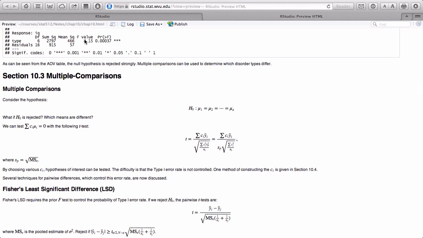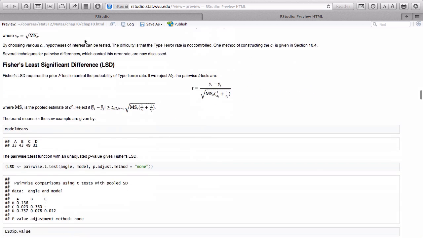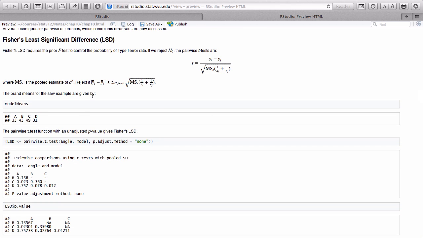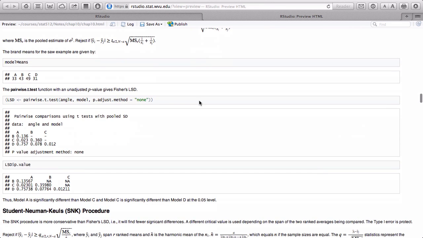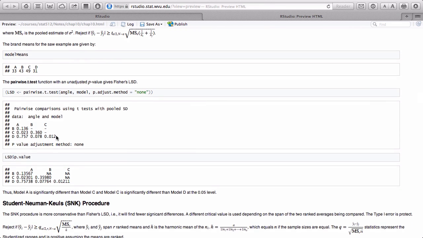When we talked about multiple comparison, the main thing the book talks about are what I would call classical techniques: Fisher's LSD, and then what are called spanning type procedures, in particular Student-Newman-Keuls and Tukey's HSD. So I wanted to point out one other thing.